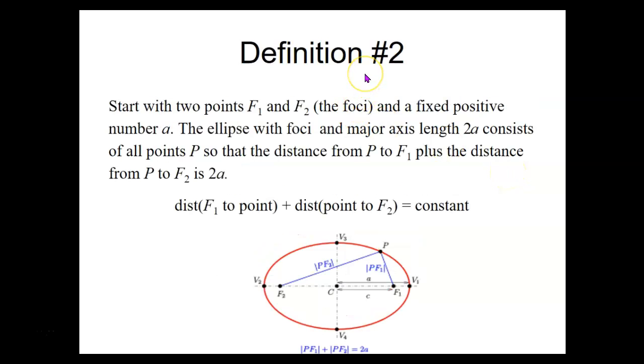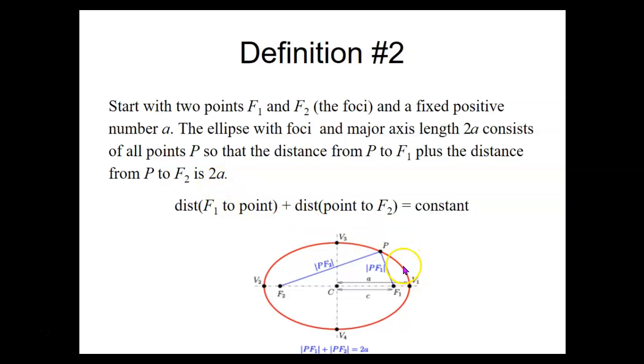The other way you could define an ellipse is start with 2 points to be the foci, and start with a fixed positive number A, and then the ellipse with the foci that are the points you picked, and the major axis whose length is 2 times A, would consist of all points P, so that the distance from P to F1 plus the distance from P to F2 is 2A.